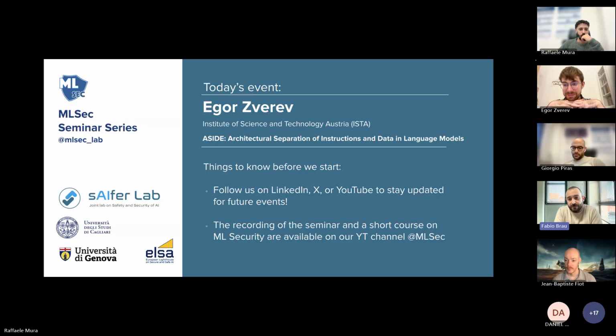And specifically, he formalized the problem of instruction data separation, which expresses the model's capability to distinguish between executable instructions and non-executable data. Furthermore, he has recently proposed novel architectural methods to enhance this separation, thereby improving overall model security. Thank you, Egor, and the stage is yours.